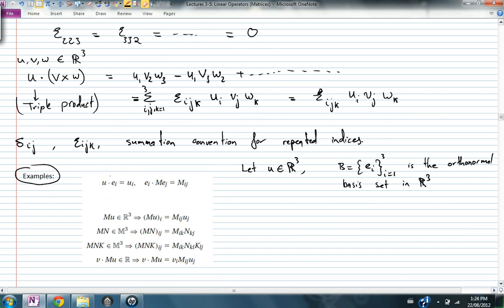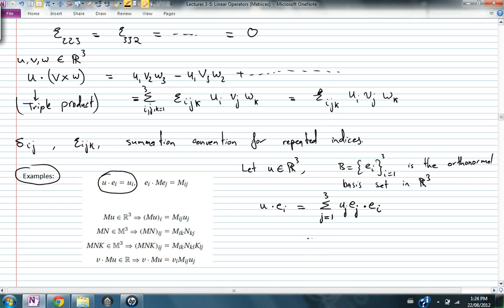When I take the dot product of u with e_i, this is equal to the sum from i equal 1 to 3 of u_i e_i, or, I'm going to have to put another index here because i already exists, so from j equal 1 to 3 of u_j e_j dot e_i.